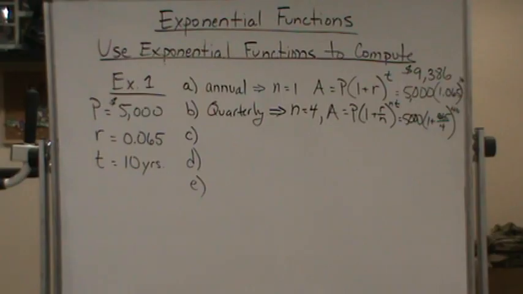And in this case, it's going to be again 5,000 times 1 plus 0.065 divided by 4 raised to the 10th power.